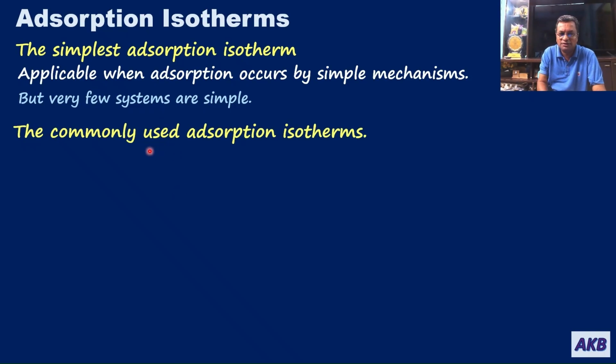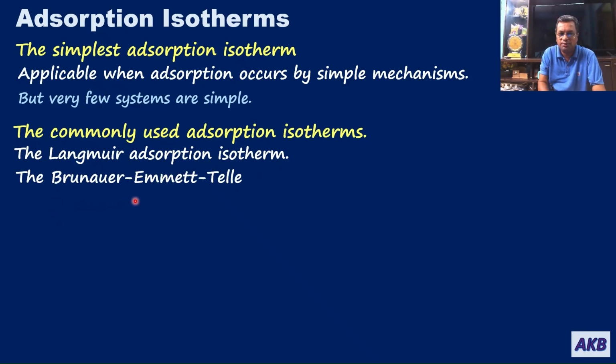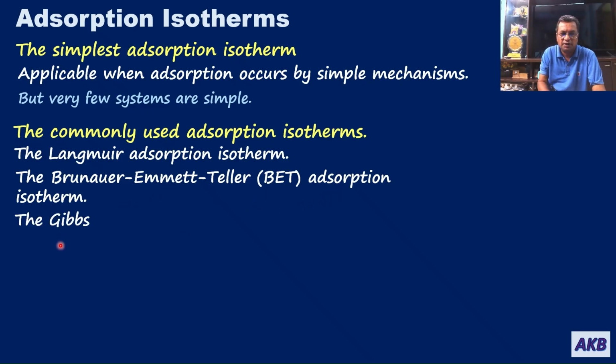Then let me list some commonly used adsorption isotherms. You have the Langmuir adsorption isotherm. Then you have the Brunauer-Emmett-Teller, that is BET, adsorption isotherm. And then you have the Gibbs adsorption isotherm. Out of these, I have discussed the first 2, and today, in this video, I'm talking about the Gibbs adsorption isotherm.